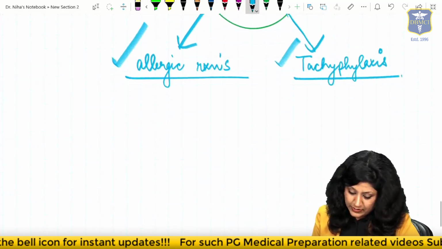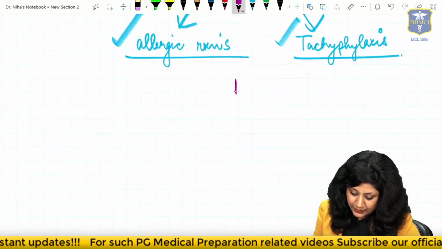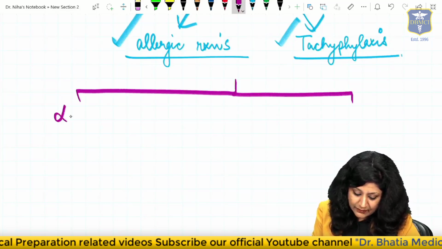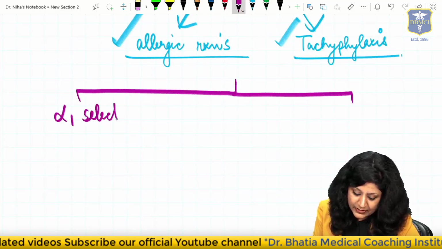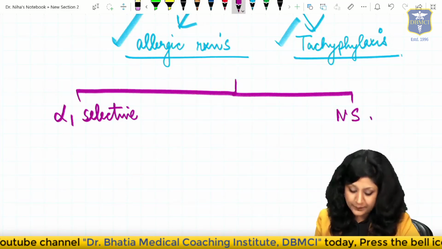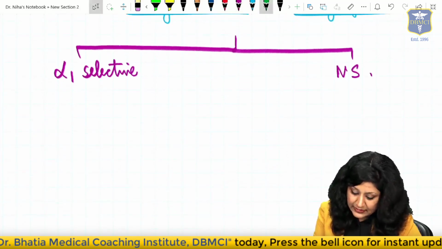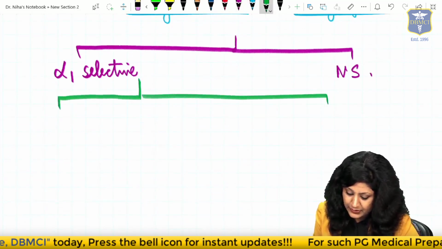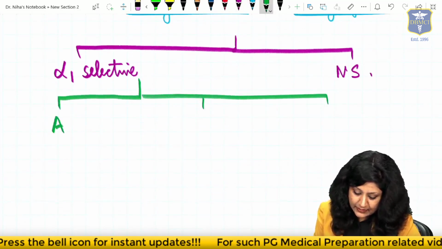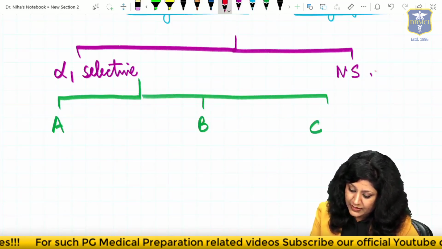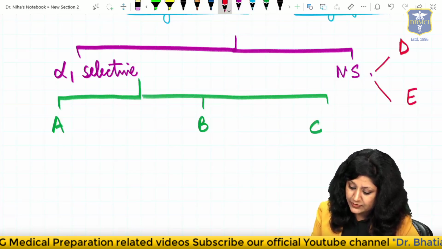Okay. Now coming to the classification of these drugs, again we can divide them into alpha 1 selective drugs and non-selective drugs. In alpha 1 selective, again I can divide into three parts, that is A, B and C, and in the non-selective we have D and E, right.